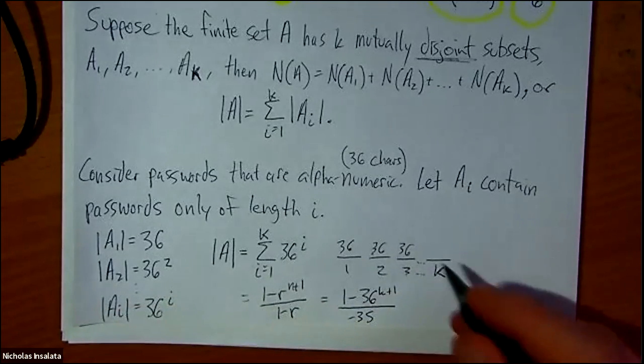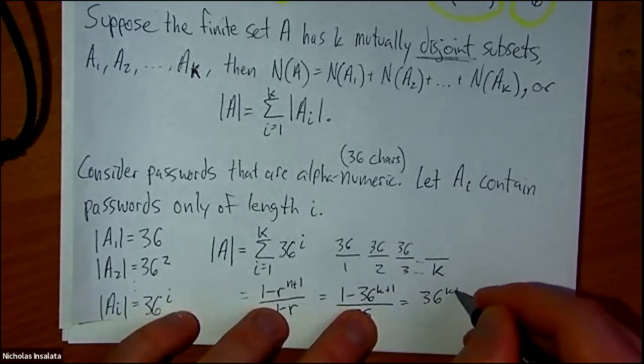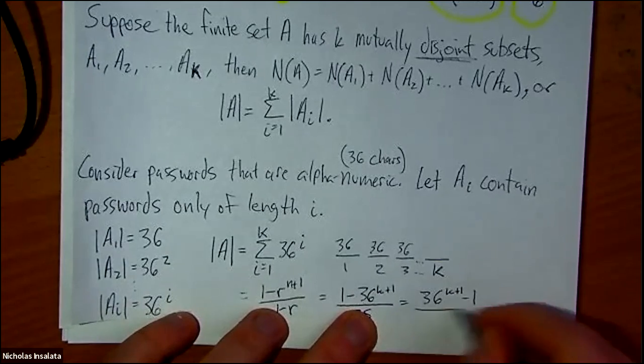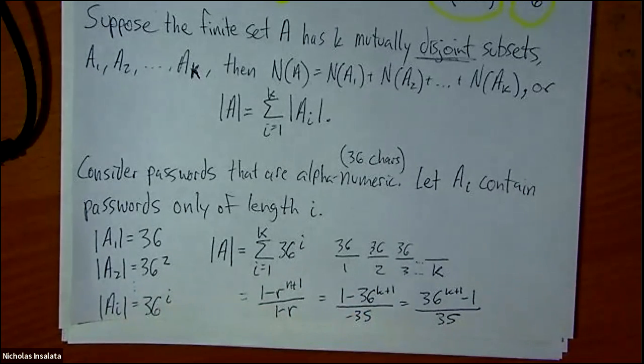So the whole thing would be 36 to the k plus 1 minus 1, divided by 35. But that's for a sum that starts off at i equals 0.